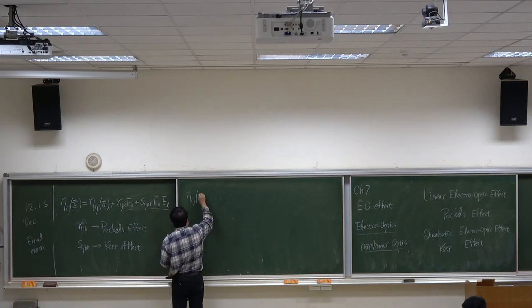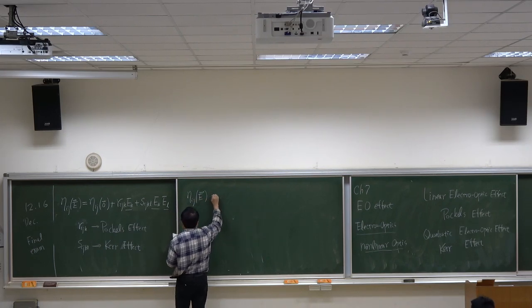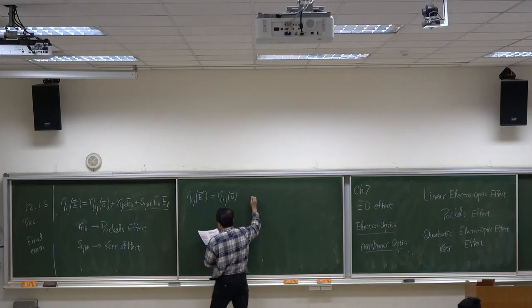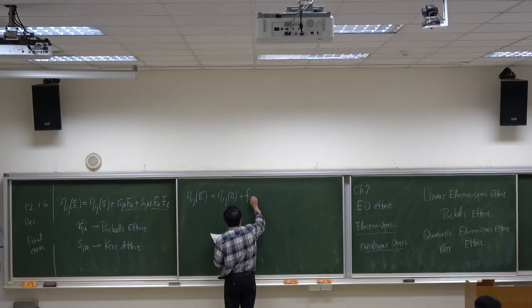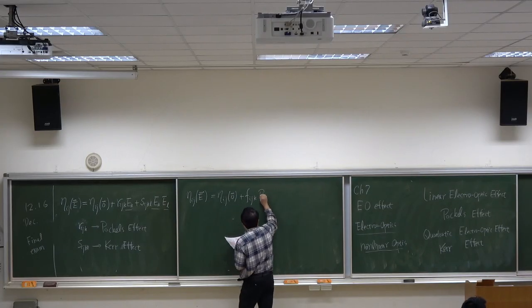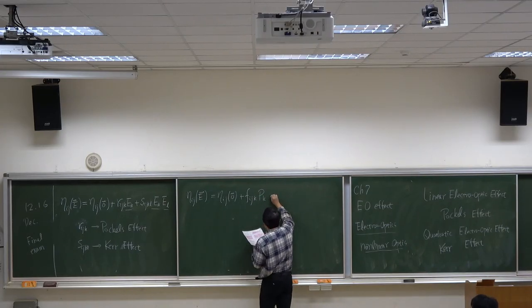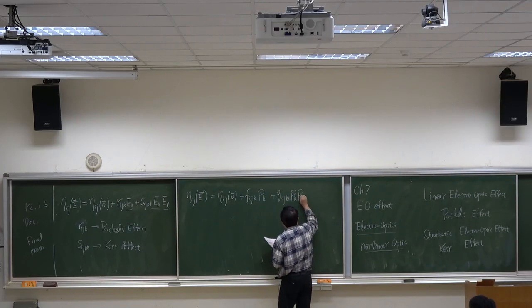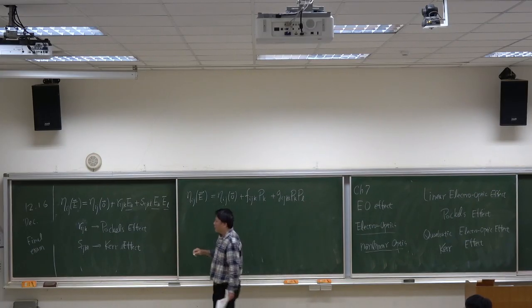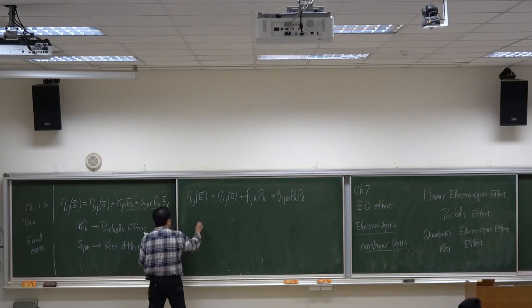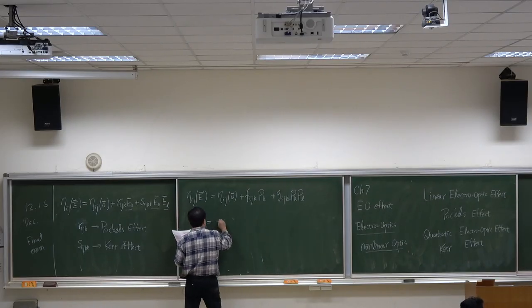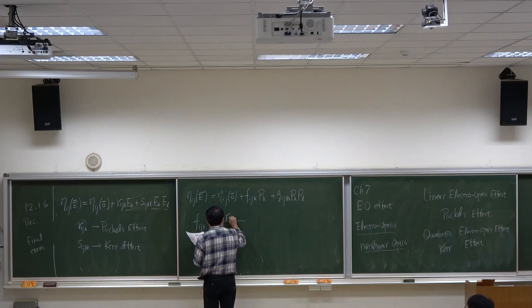This equation can also be written as Fijk Dk plus Gijkl Dk Dl. And you can find the relation between these two kinds of expression.